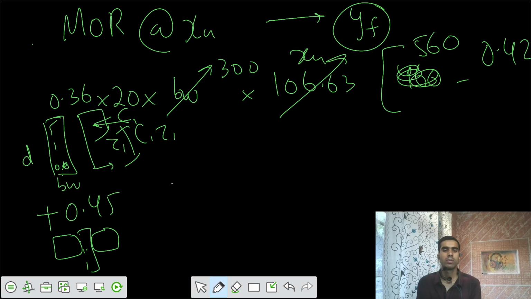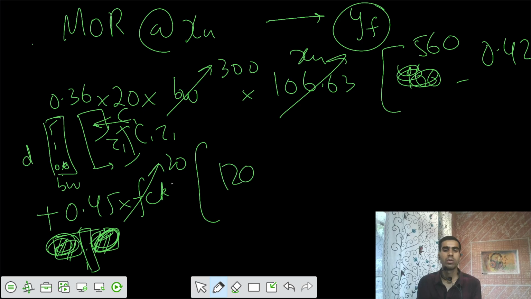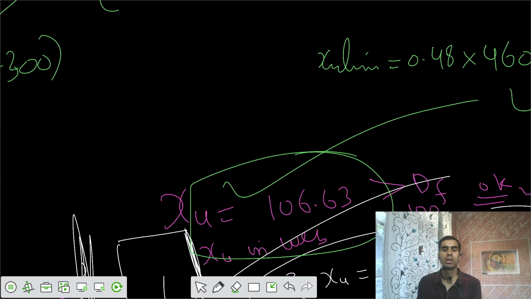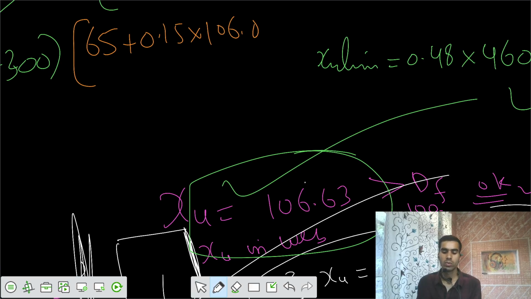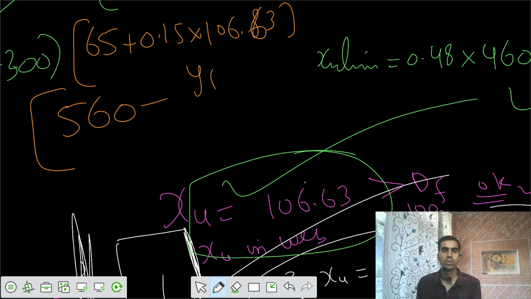Some beam was there with the concrete section. This part was your concrete section. So 0.45 fck and bf minus bw, then we have the concept of yf, the value of yf is equal to 65 plus 0.15 into xu, and we have the lever arm of d minus yf by 2.